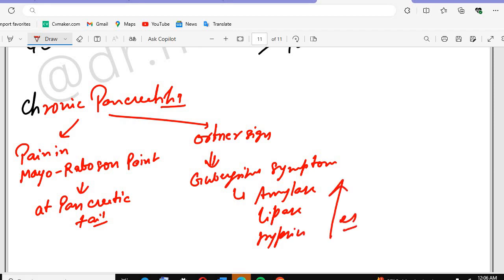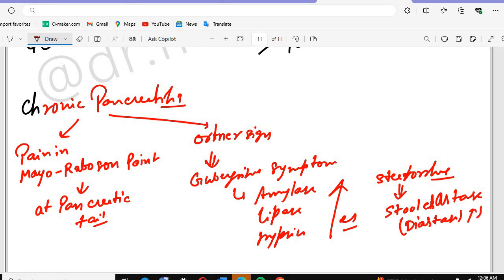If the amylase or the lipase is increased, the patient can land up with steatorrhea, meaning fat in the stools, because the lipase would be increased. And in steatorrhea you will see the stool elastase, an enzyme that we call the stool elastase, and we call the other enzyme the diastase. So this enzyme would also be increased.